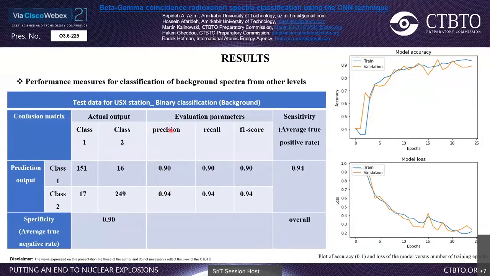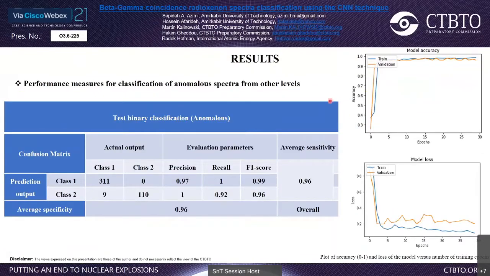Confusion matrix table indicates different performance parameters on test data, including precision, recall, F1 score, sensitivity, specificity, and average sensitivity for background sample identification is 94%.